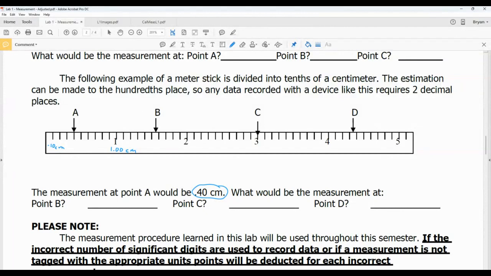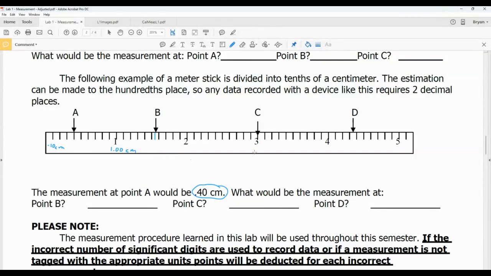Okay, and then you're guessing between those. And to me, it looks like it's a little bit past halfway. I was trying to draw where the halfway point would be, and to me, B is a little bit past that. So, think of something that would be a dollar amount a little bit more than $1.55 or 1.55 centimeters. It'd be slightly past that.